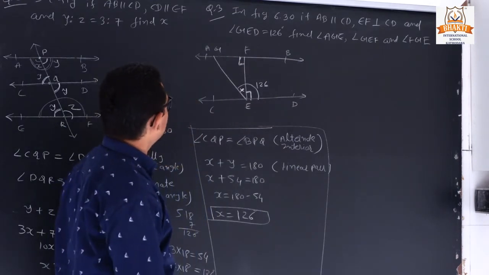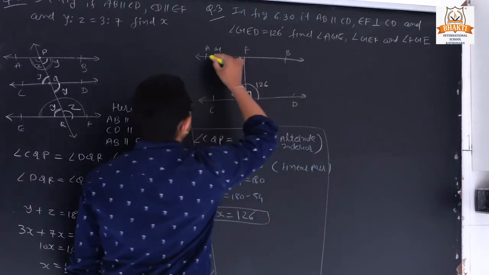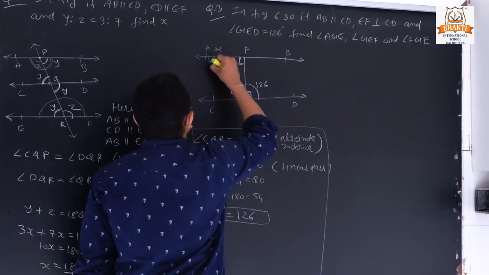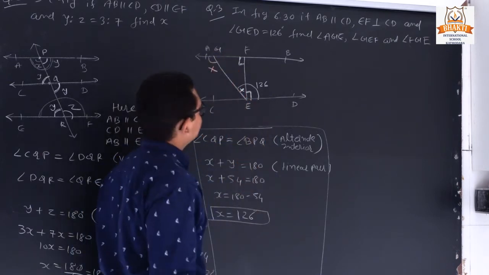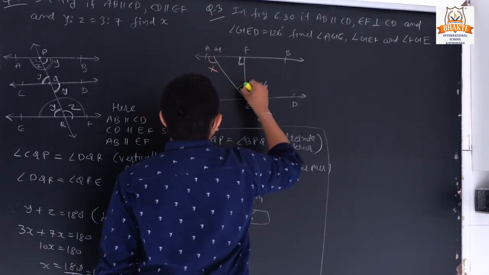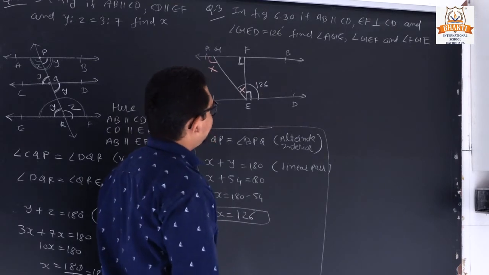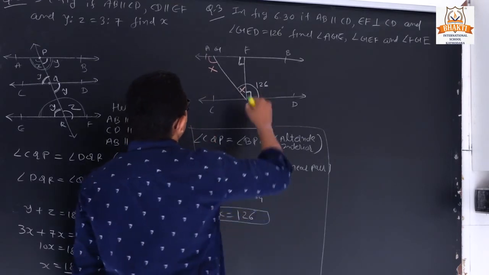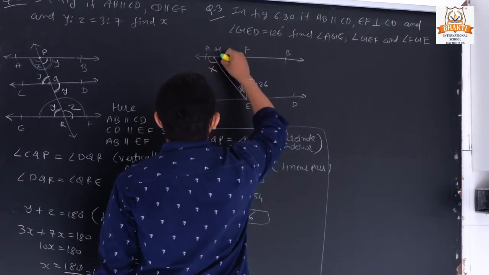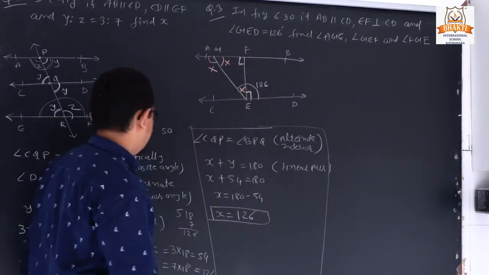So first of all they are asking to find AGE, so we need to find this angle. Next GEF, so this is this angle, and last FGE, so this angle also. So we need to find these three remaining angles.